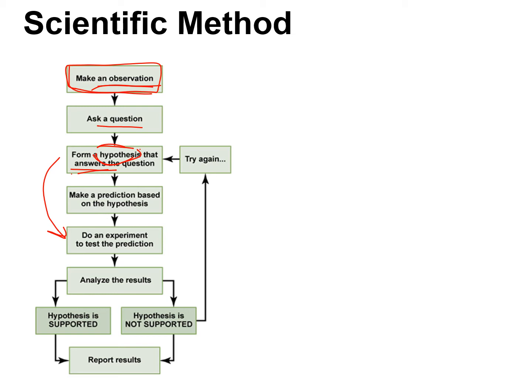Now, when forming a hypothesis, there are two different types of reasoning that can be used. The first type is inductive reasoning. This is where you go from a specific observation, or many specific observations, to a broad generalization. For instance, every morning you notice that the sun comes up in the east, and eventually you induce that it will always come up in the east.